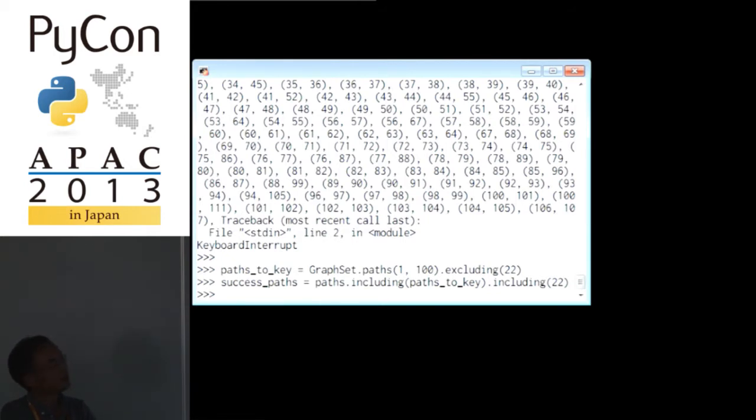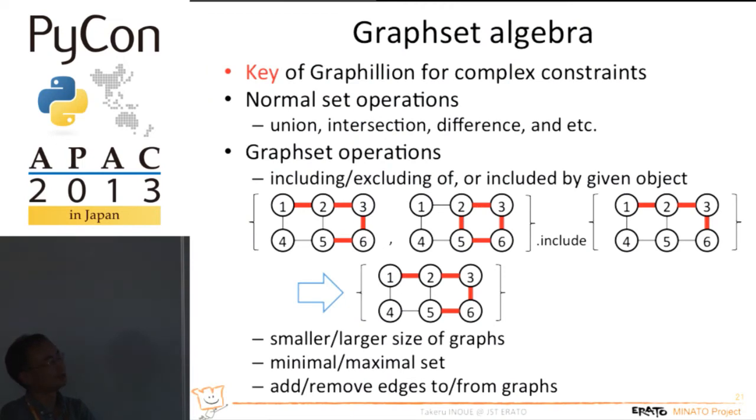Finally, we put the constraints on the start-goal paths by using the including method in order to cover one of the key paths and to pass through the treasure box 22. In this way, we can select a set of graphs by the rich algebra of Graphillion, like including and excluding methods. This is a key feature of Graphillion, and this allows Graphillion to deal with complicated constraints like that.